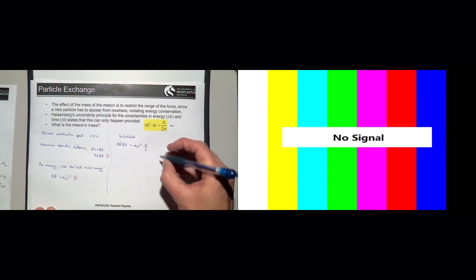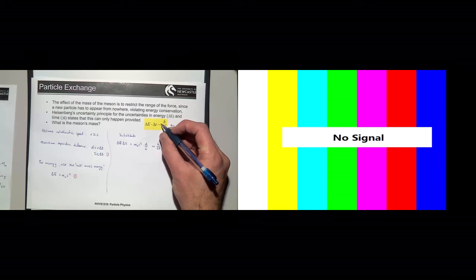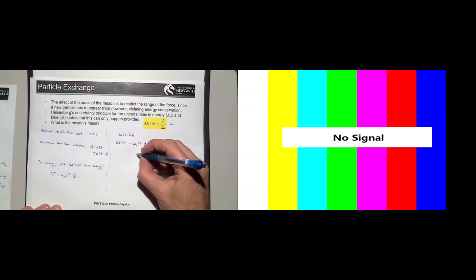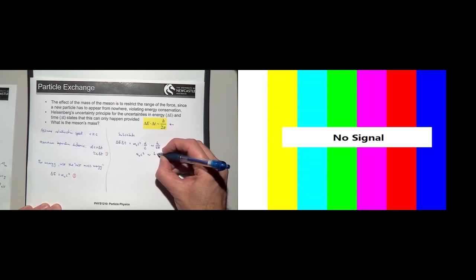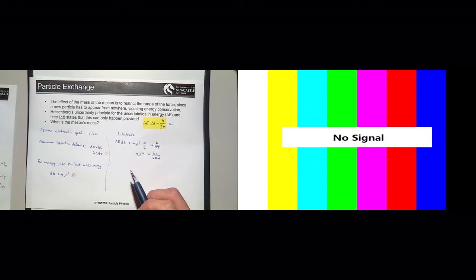And we're told that that has to be, this twiddly thing here means of the order, it's basically approximately equal to, so m naught c squared is of the order of h times c over 2 pi d. So this m naught, that was the mass of that virtual particle. That's what we're being asked to find.